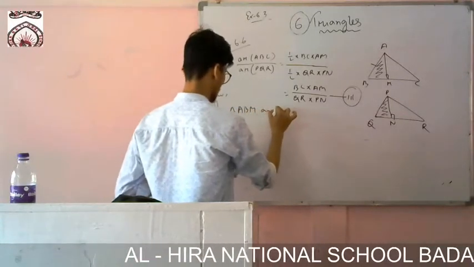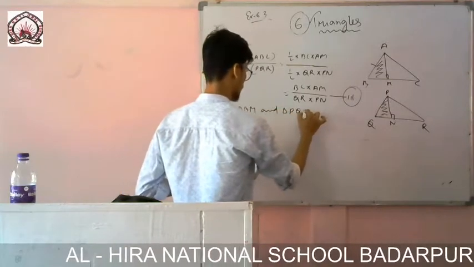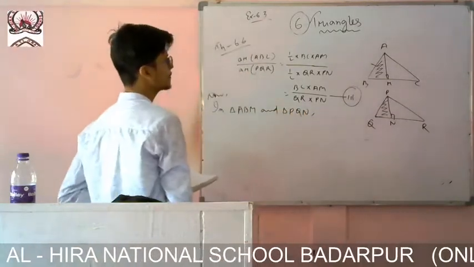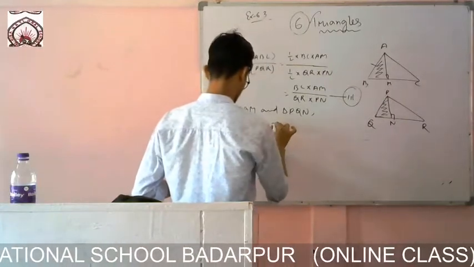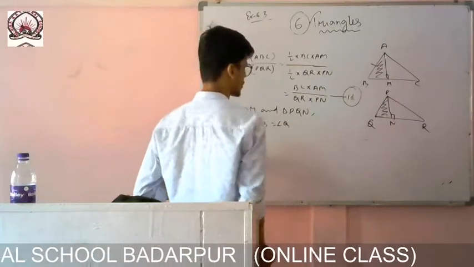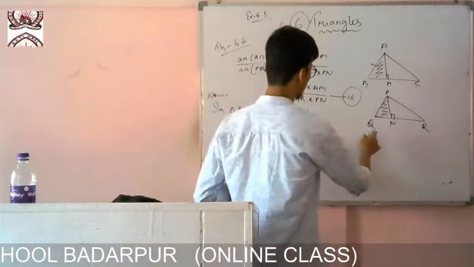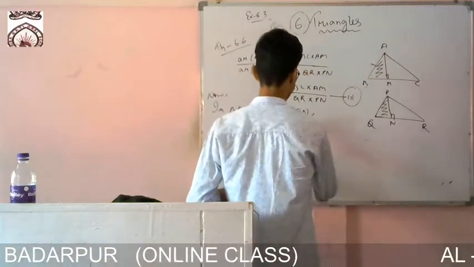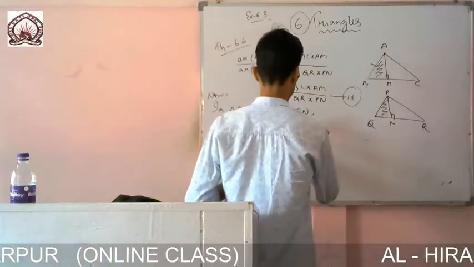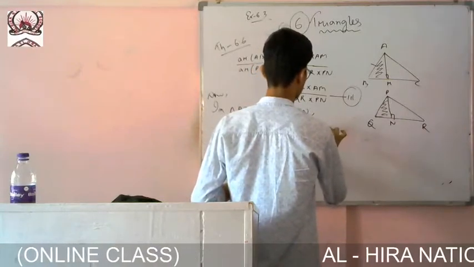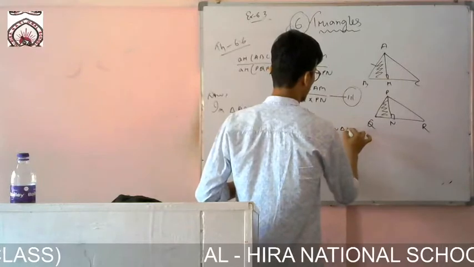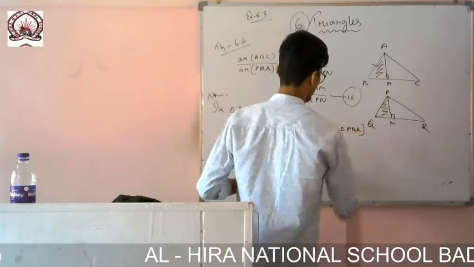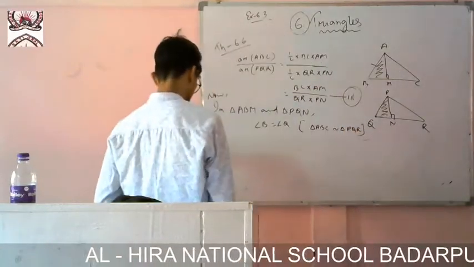ABM and triangle PQN, I can write angle B is equal to angle Q, because these two triangles are similar, it is given in the question that triangle ABC is similar to triangle PQR.